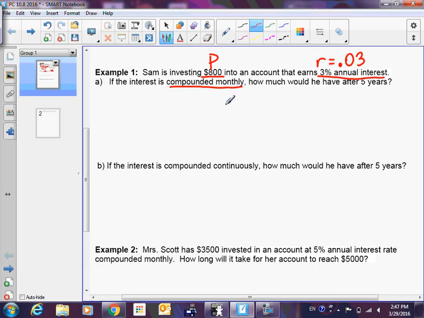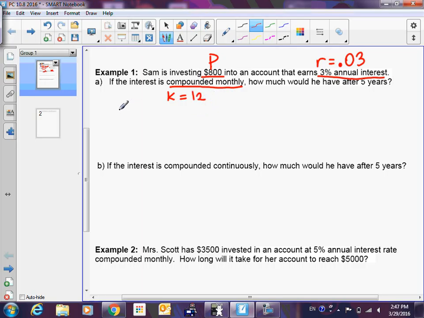That is going to be what they use as a K. This is not the same K as yesterday. This is how many times the interest is compounded. And monthly means 12 times per year because there are 12 months in a year.